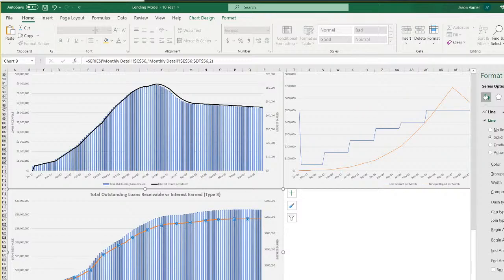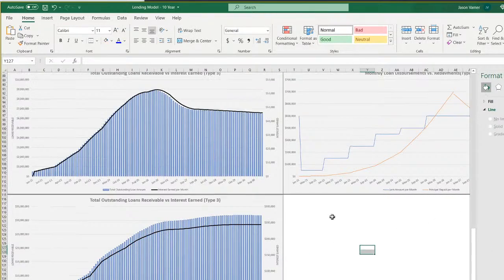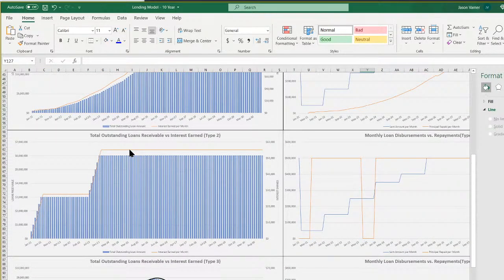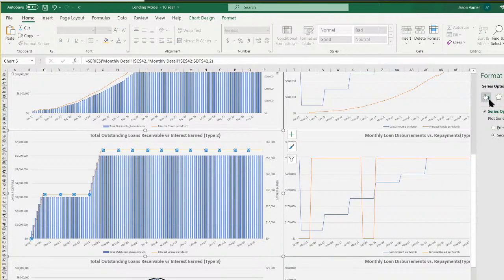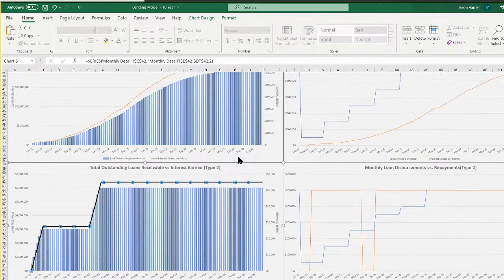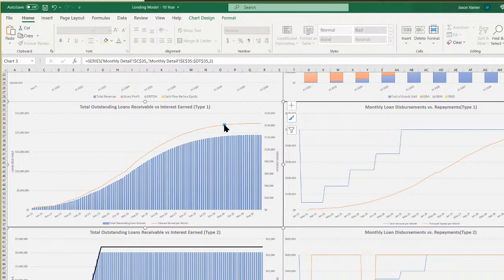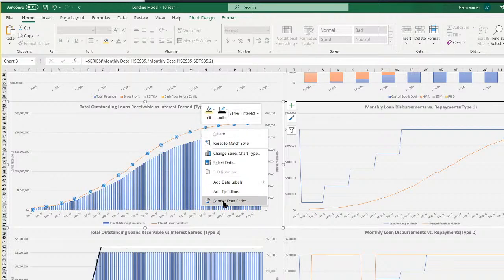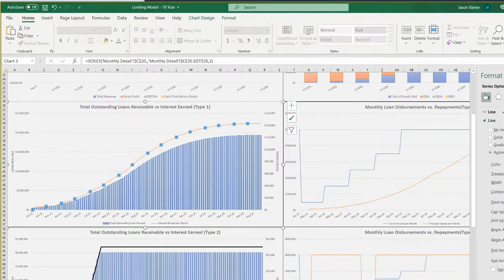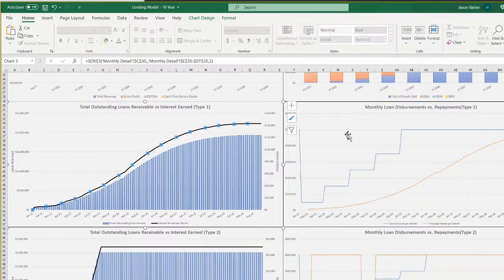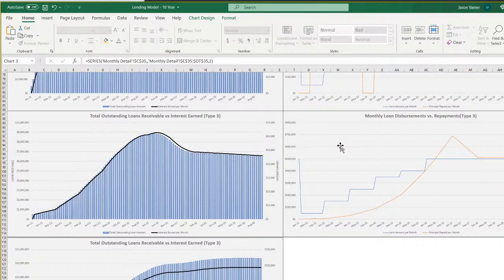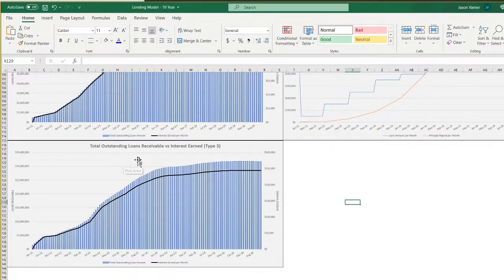Okay, that's easier to see what's going on. Format. All right, like it. So this is consolidated.